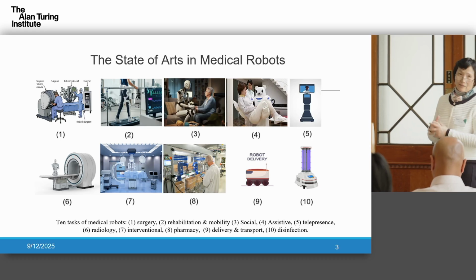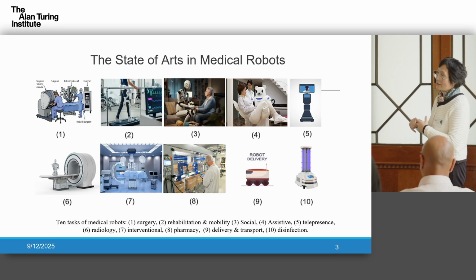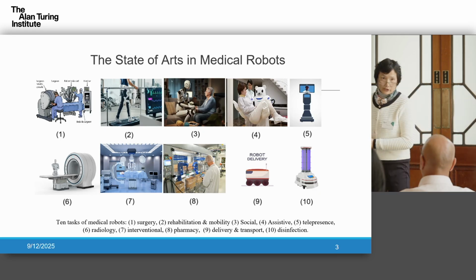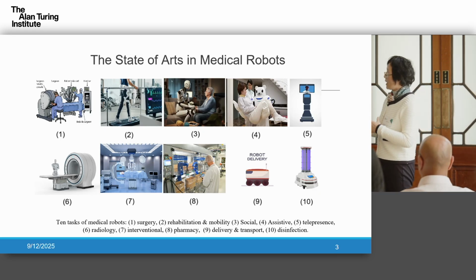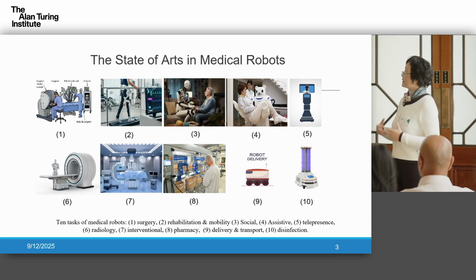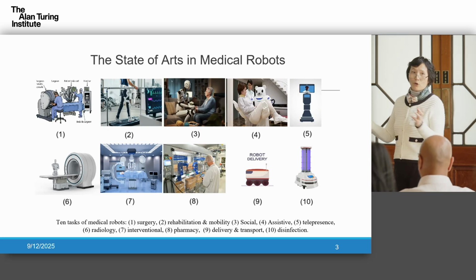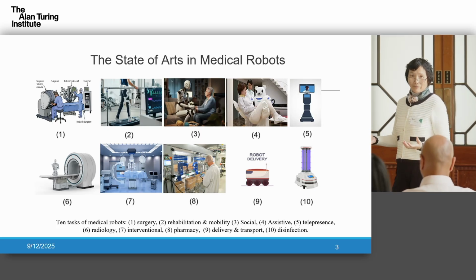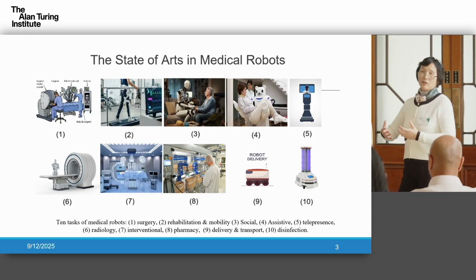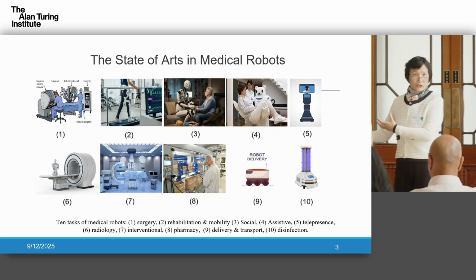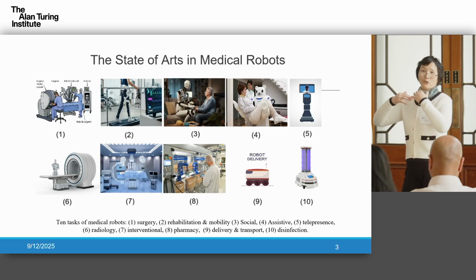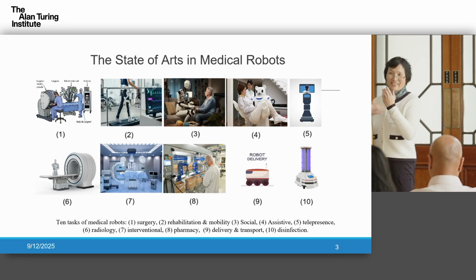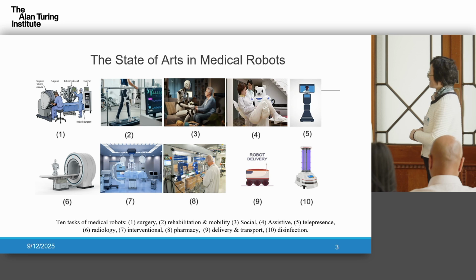First, I'm sure everybody knows surgery robotics, and also rehabilitation, mobility, and social assistance. These are more popular for humans because in the future, as the aging population increases, a lot of robotics might go to homes, as we just talked about with our colleague here.